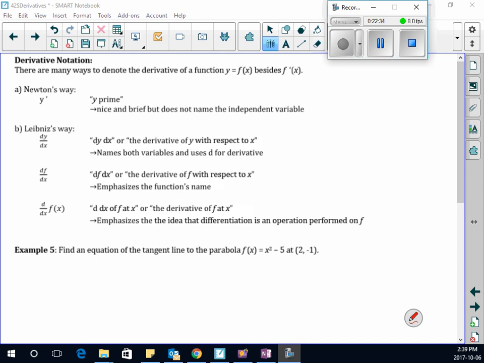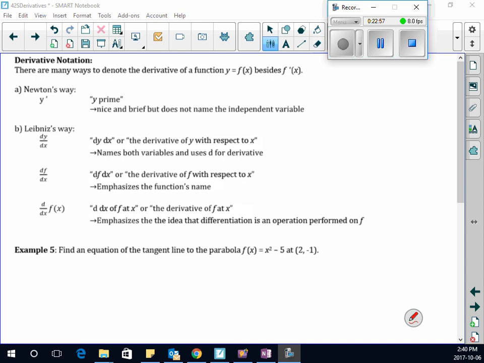It's nice, brief, but it doesn't actually tell you what the independent variable is. Like, I have no idea if we're using an x, right? The next one says dy dx, derivative of y with respect to x. So it actually names the independent and the dependent variables, and it's using d for derivative.